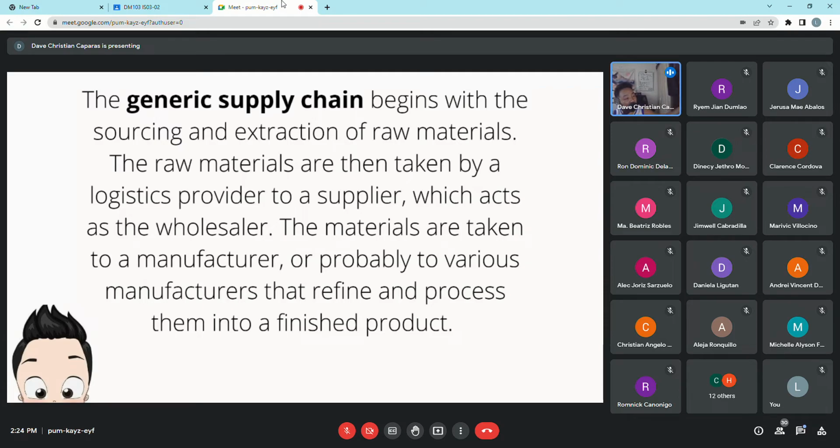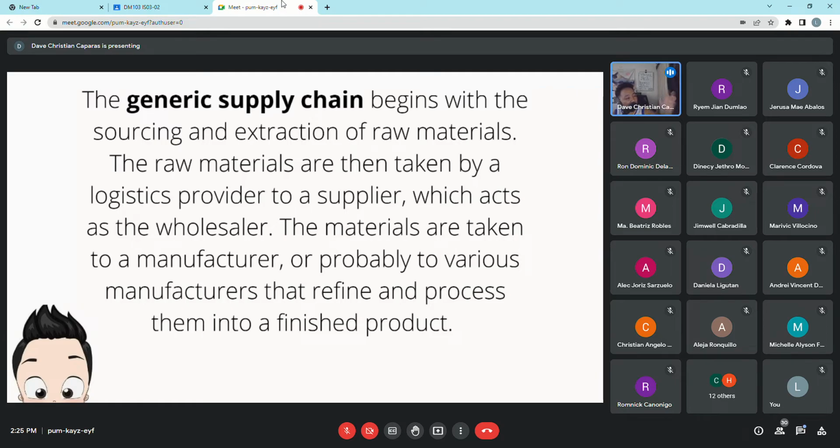Refining of raw materials. Once the raw materials have been refined by the supplier, the next thing that will happen will be, it will be delivered papunta kay manufacturer. The manufacturer, sabi nga kanina, will then be responsible in processing them into finished product. So sabi dyan, manufacturers can also refine. Manufacturers will only refine the raw materials based on their preferences.